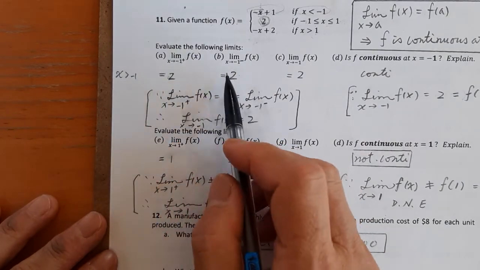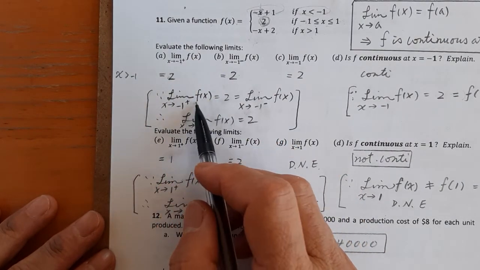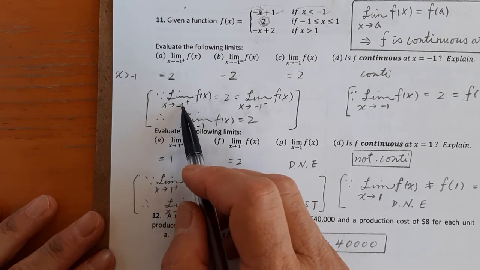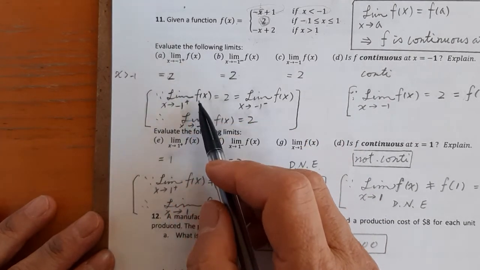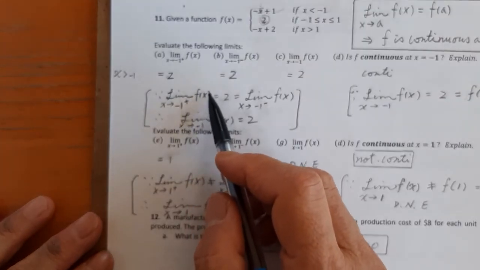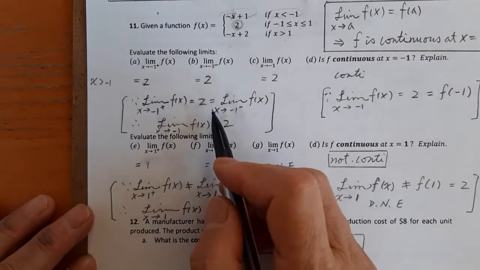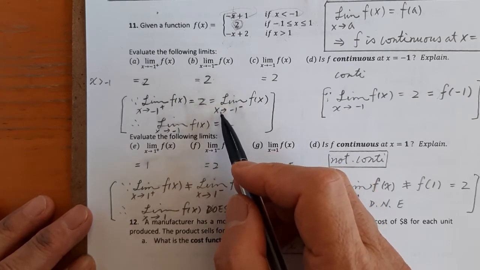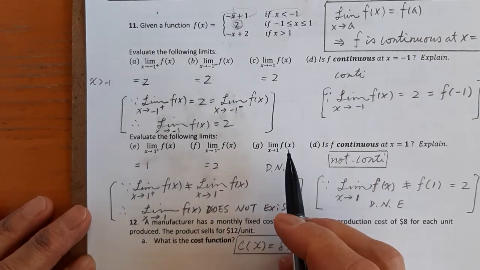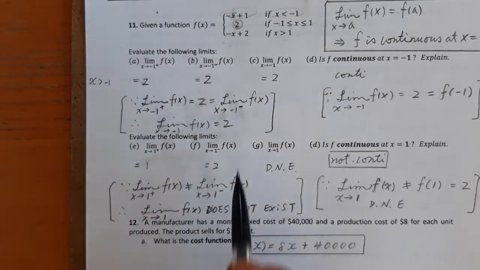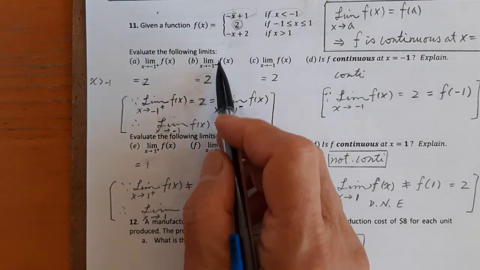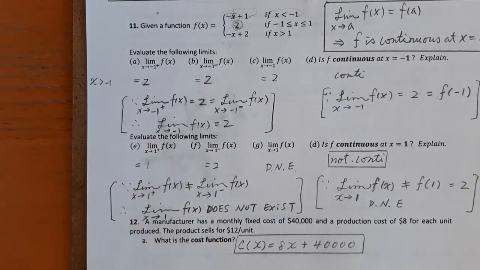Since they are equal, the limit from the right side is 2, equal to the limit from the left side, also 2.